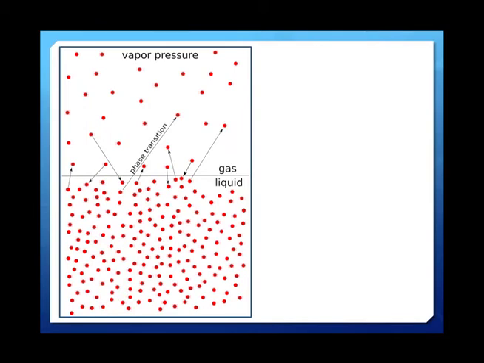If we look at a liquid in a closed container, we must understand that some molecules at the surface of the liquid may spontaneously vaporize, entering the gas phase. This will happen even far below the boiling point of the liquid. And if a molecule in the gas phase collides with the surface of the liquid, it might condense and re-enter the liquid phase.